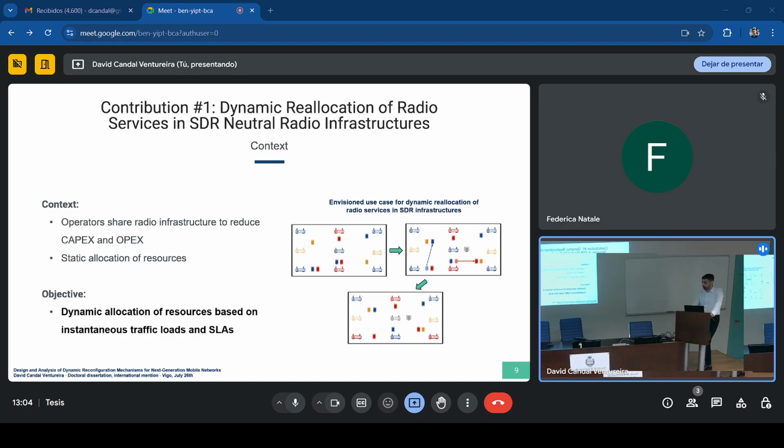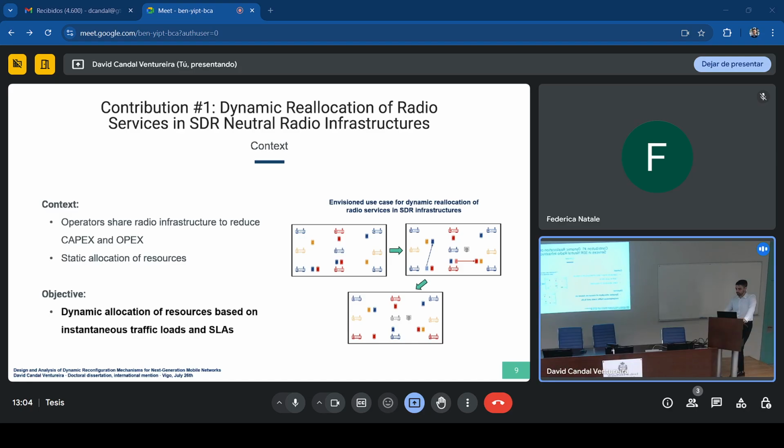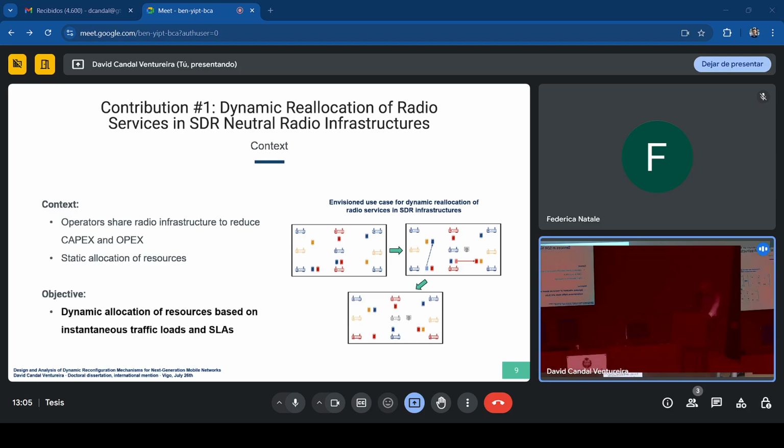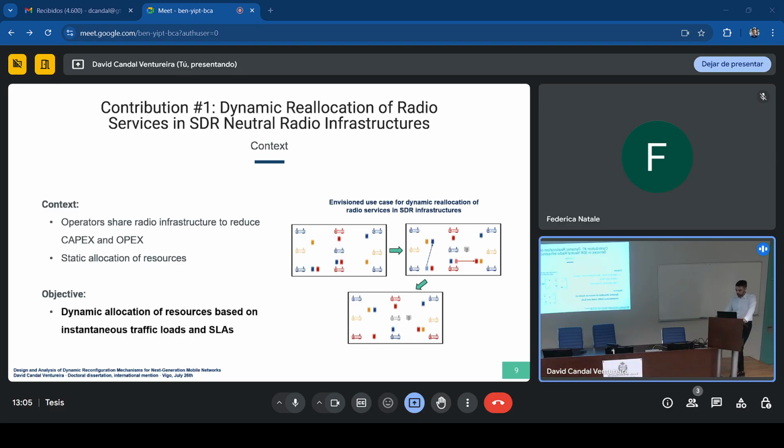The operators, as far as I know, may have a track of the location of the users in the past, so maybe they can predict if the user can move from one location to another.